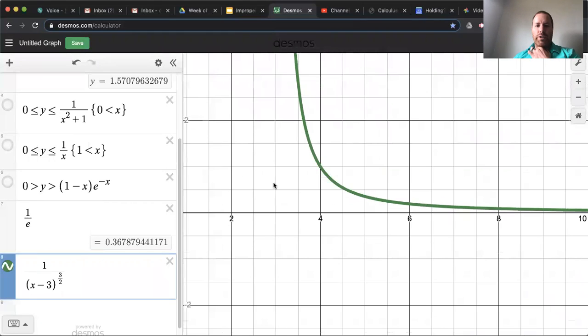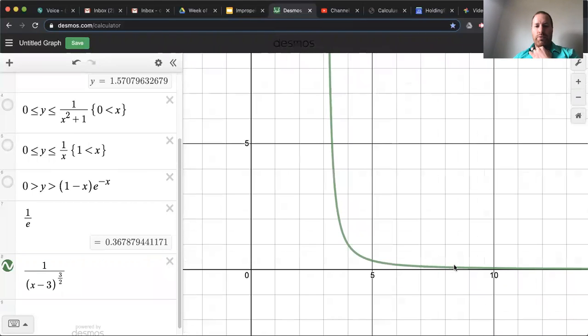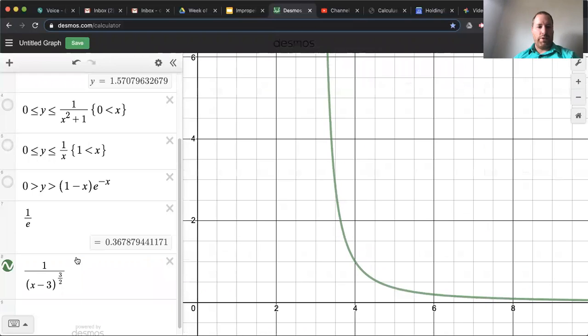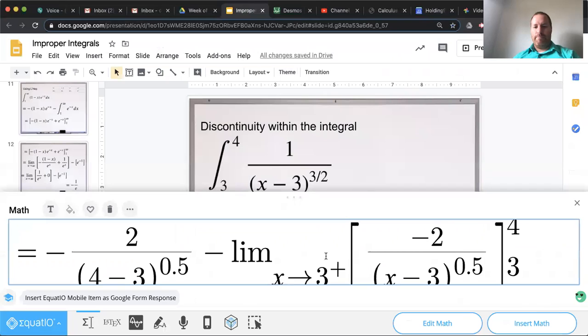We're approaching 3 from this right-hand side. We're trying to go from 4 up to 3 here. So we're approaching from this side. That's what we want to find on our limits. So we do have to put that it's from the right on there. Okay.